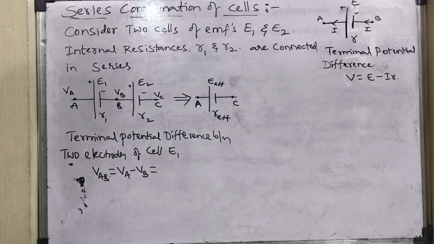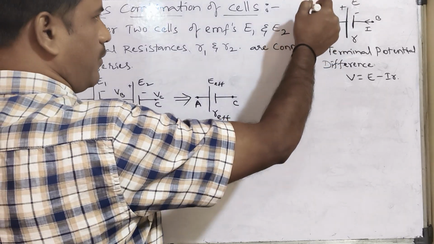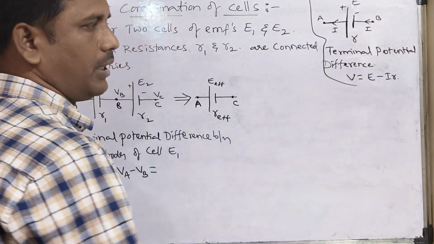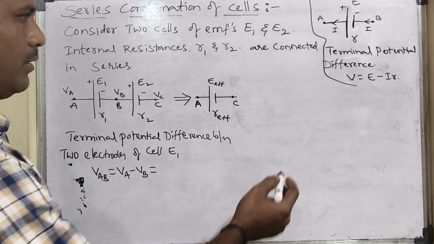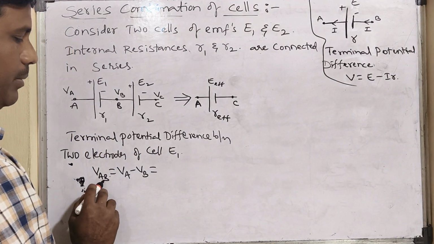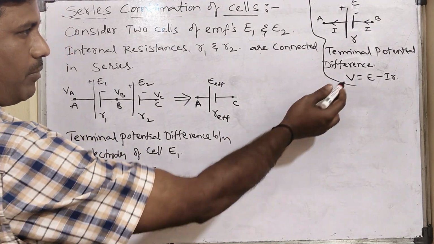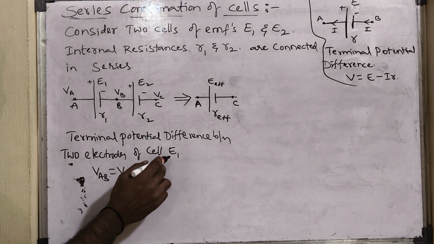The terminal potential difference formula is E minus IR, where V here is VAB, and E is the EMF of the first cell, E1.